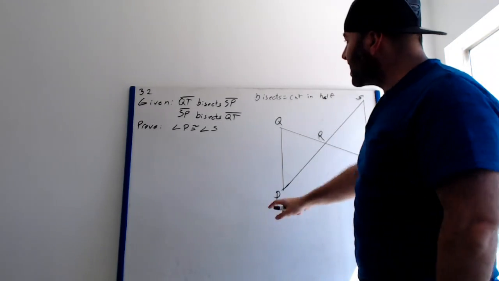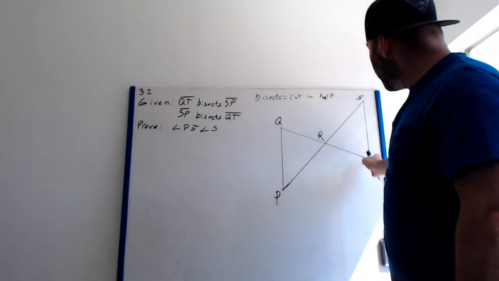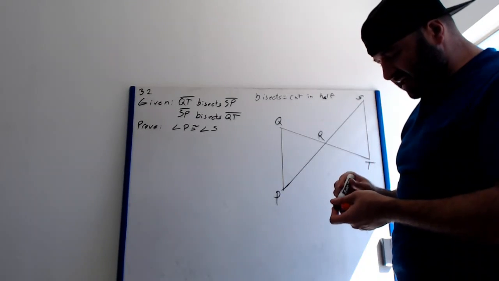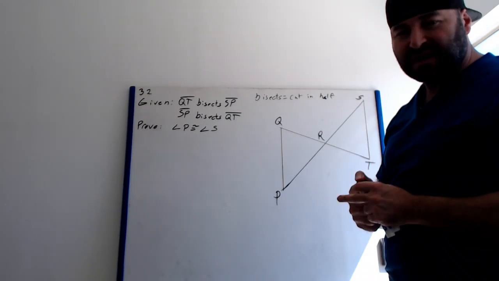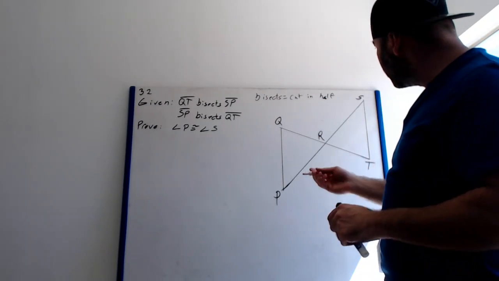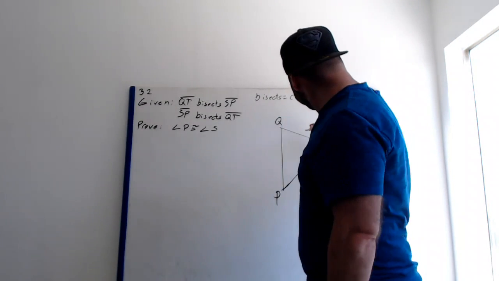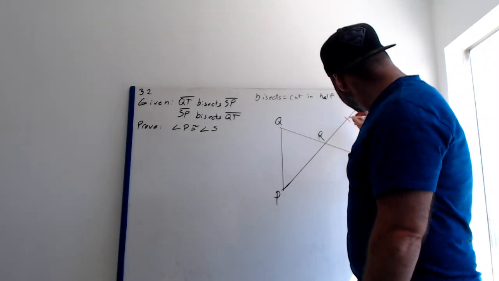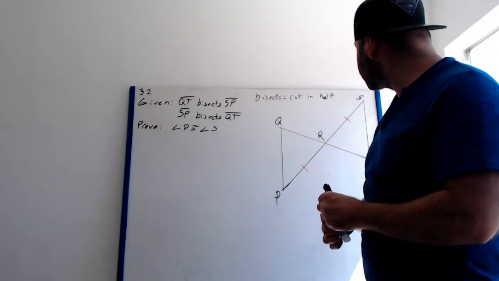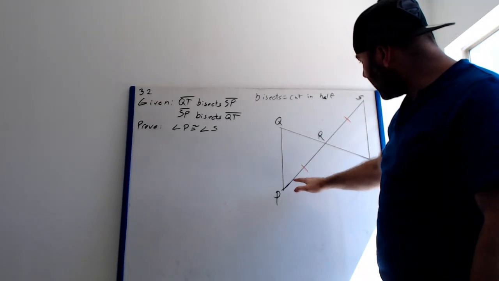So when they tell me that QT bisects SP, that means that QT cuts SP in half. And if it cuts it in half, that tells me that I'm going to have two congruent sides, SR and PR.